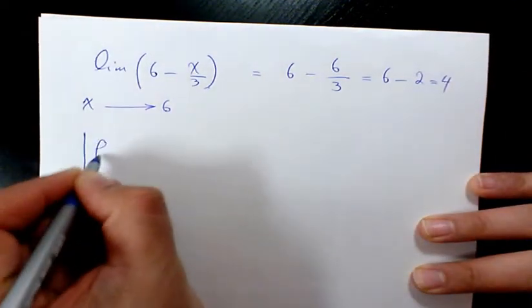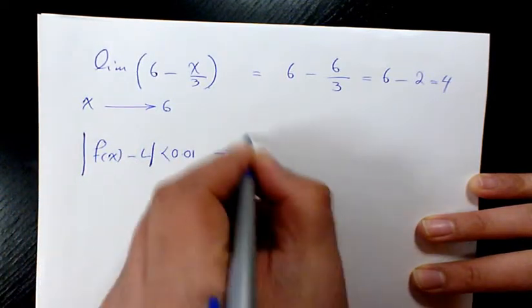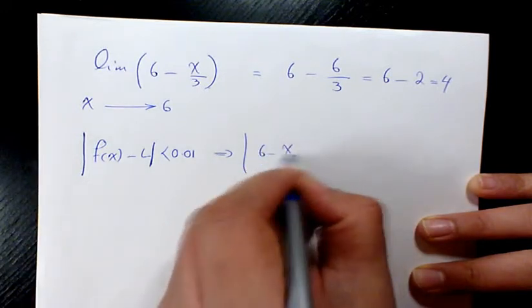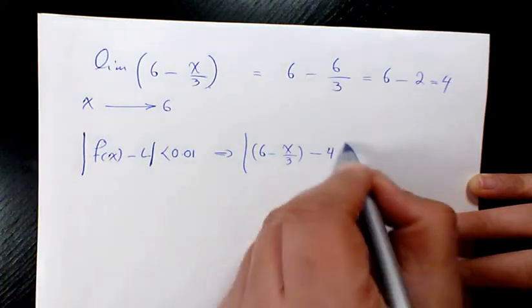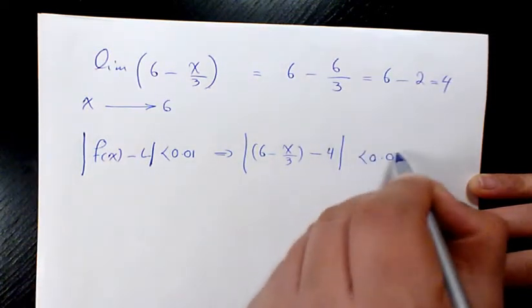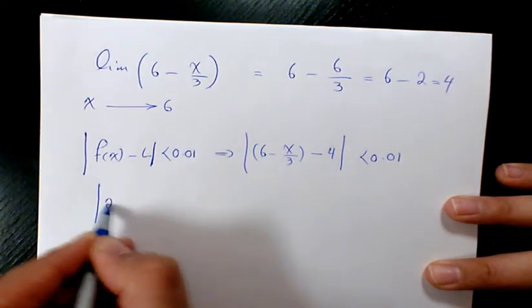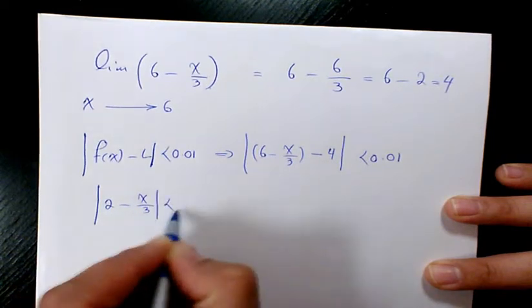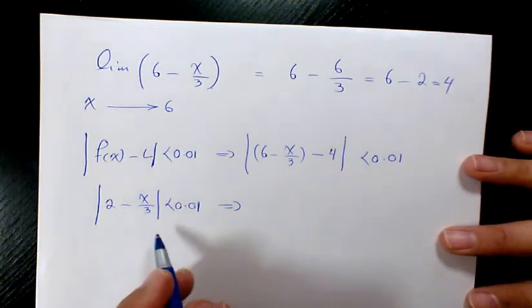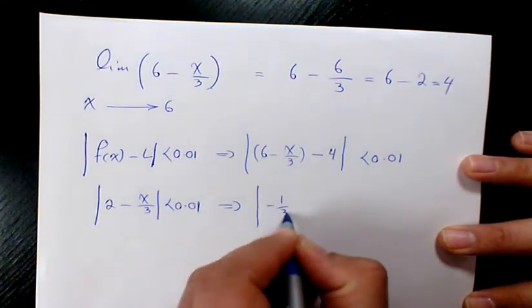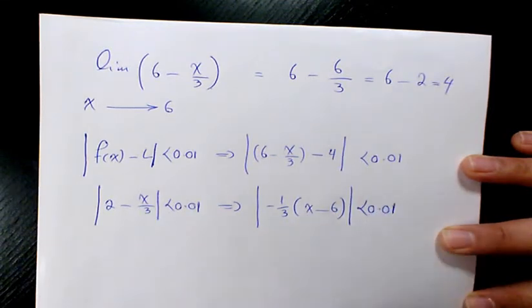The absolute value of f of x minus L has to be less than 0.01, which means that 6 minus x over 3, minus the L value we found, which is 4, has to be less than 0.01. Then we simplify. 6 minus 4 is going to be 2. So 2 minus x over 3 is going to be less than 0.01. And then we factor out negative 1 over 3. That's going to be x minus 6 less than 0.01.